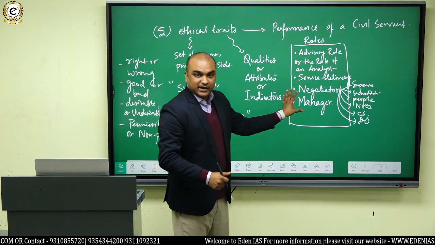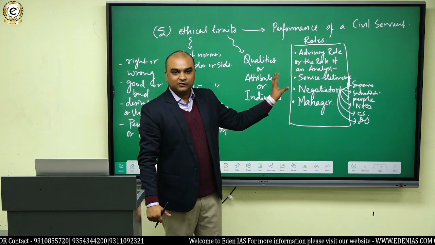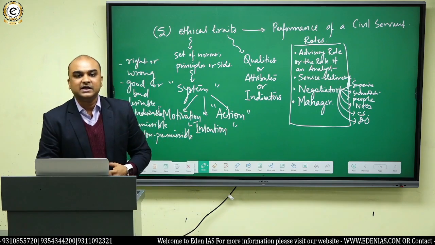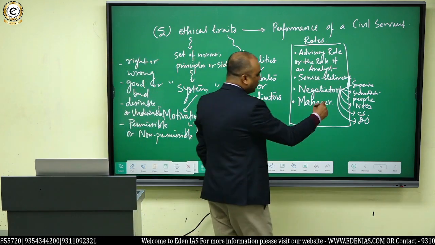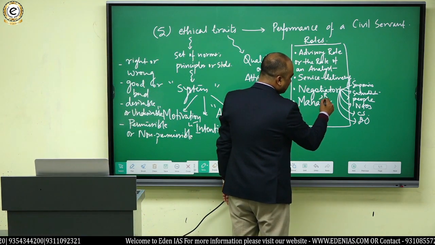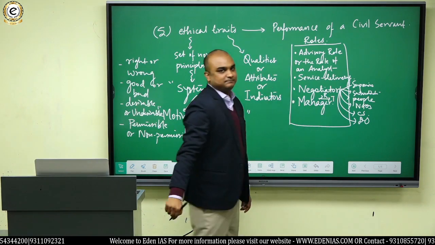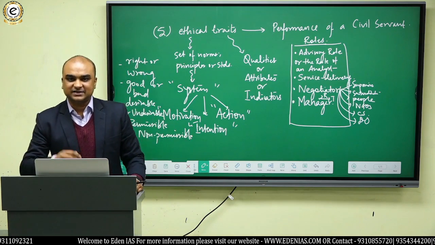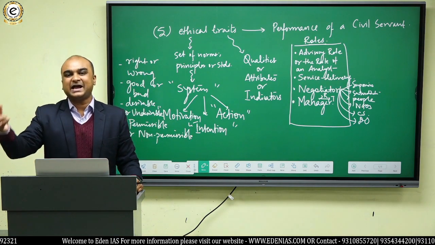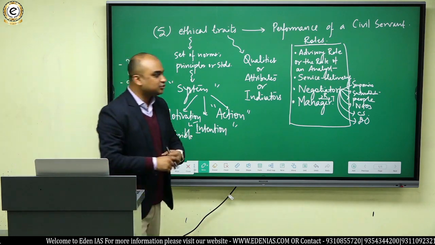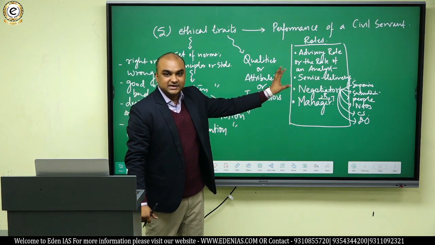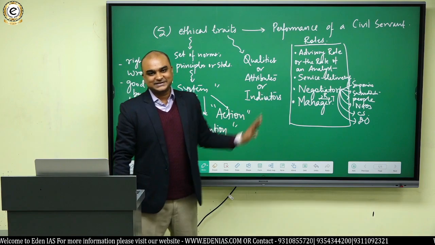So when we discuss the role of a civil servant as a manager, we are actually trying to analyze how well he or she manages resources, including time, and whether such resource management helps in the sustainable usage of resources and actually translates into developmental outcomes. So that is the fourth important role of a civil servant.